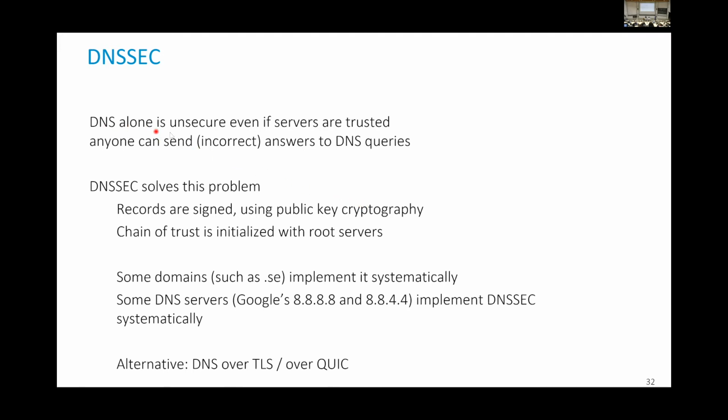However, it turns out that DNS alone, as the protocol I've presented, is unsecure. Again, that's very strange, but this is how the internet was designed in the 70s. People did not think of security as a problem, which is funny because it was funded by the US Department of Defense. So anyone can send incorrect answers to DNS queries.